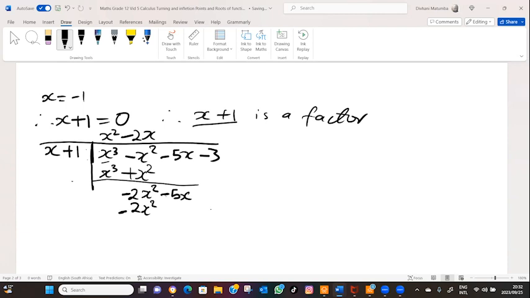Minus 2x times 1 will be minus 2x. Again, let us subtract. This will be 0. Minus 5x minus 2x will give us minus 3x.